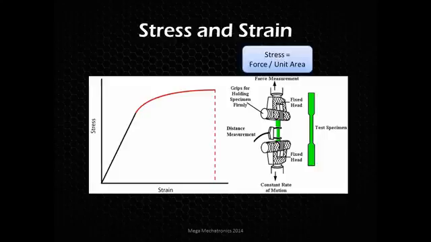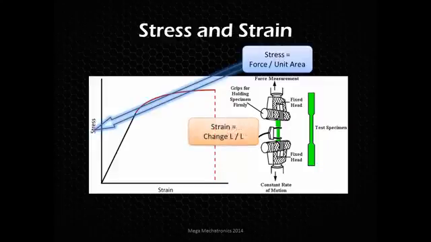So we know the force because we're measuring it, and then we input the unit area. We're going to throw that over there. And for the distance measurement, again, the computer would handle these calculations. The change in length divided by the initial length between those little measuring jaws there. And we're going to plot that on the strain curve at the bottom.